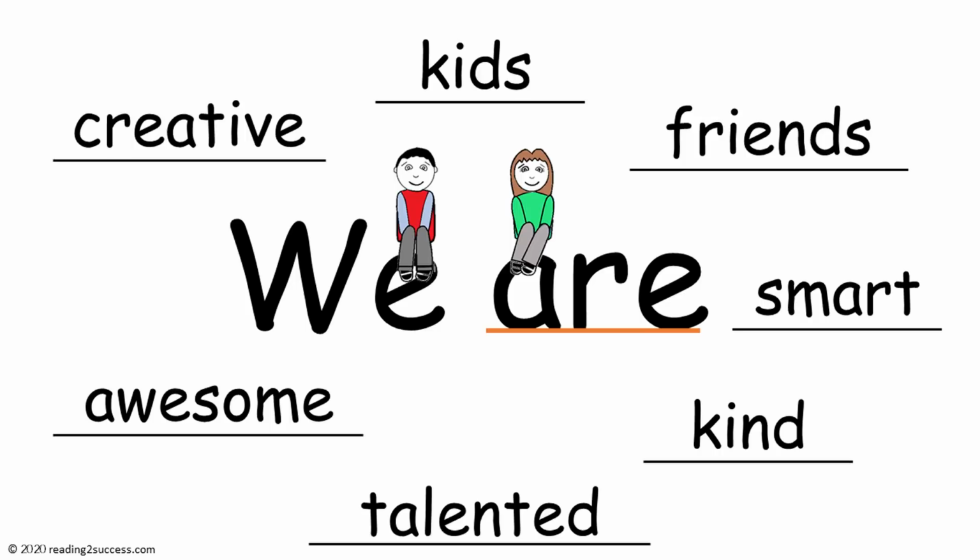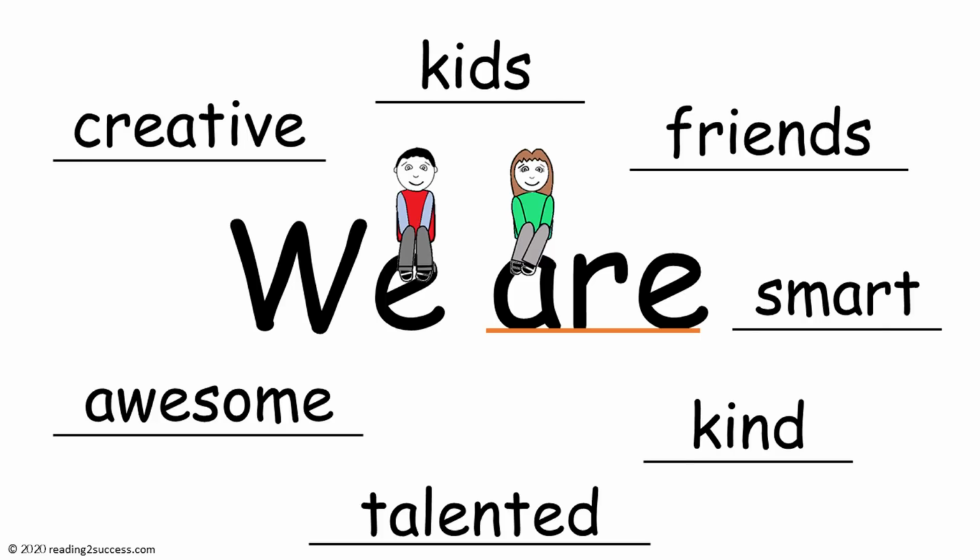Linking verbs are often hard for kids to identify, so we do a lot of activities in the classroom geared towards them so they can understand what a linking verb is. This is one of my favorites. I start with we are, and it represents the kids in the classroom.